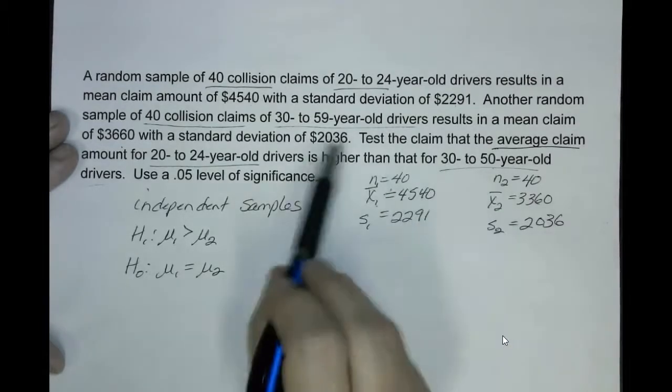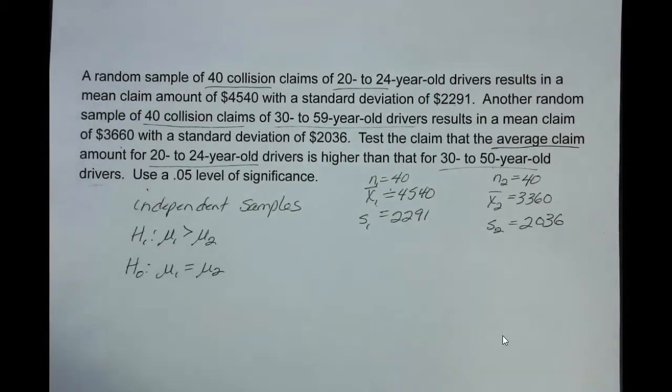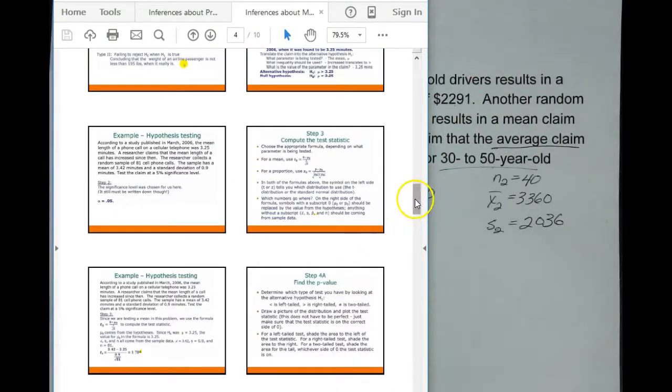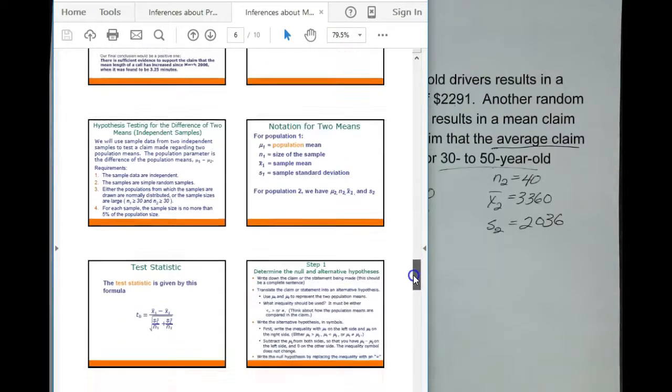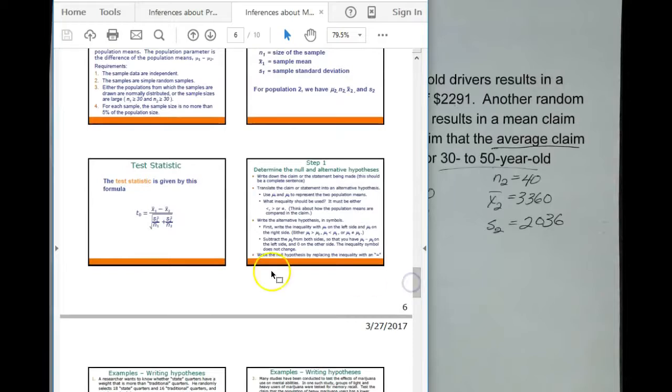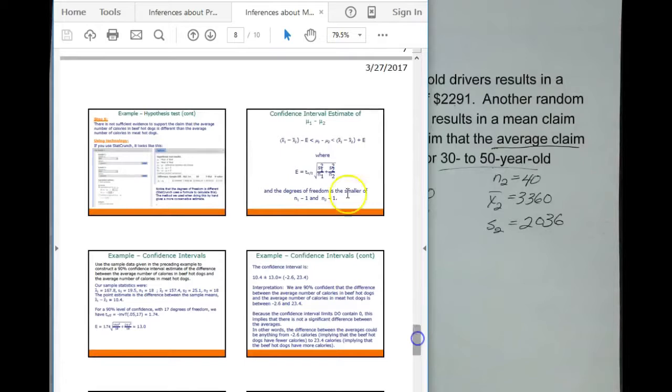So then on something like this, you could either be doing something with a confidence interval, or you could be doing something with a hypothesis test. Either way, you definitely need to have the formulas to deal with those. So the formulas for these, here's the test statistic if you're trying to do a hypothesis test, or if you're trying to do a confidence interval, here's the formula for the confidence interval for the margin of error.